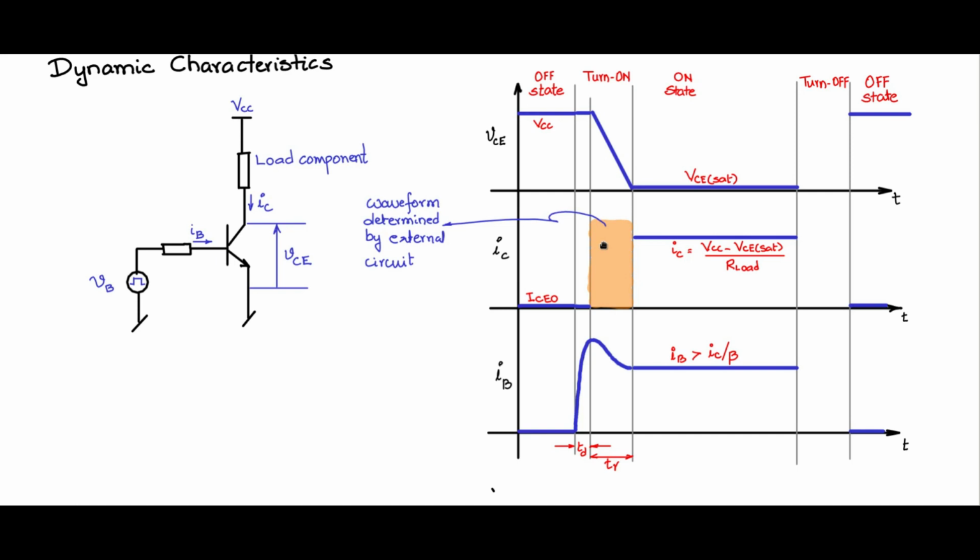But for the moment, let us assume that the external load component is just plain resistance or load. So if it is a resistance, then you will see a linear rise as shown dotted here. Later on, when we are discussing various other circuits, you will see that the current here need not be linear, it depends upon the external circuits.